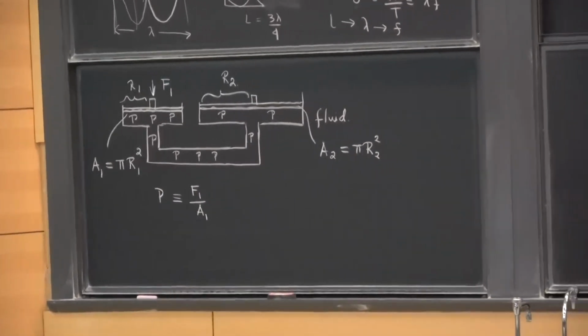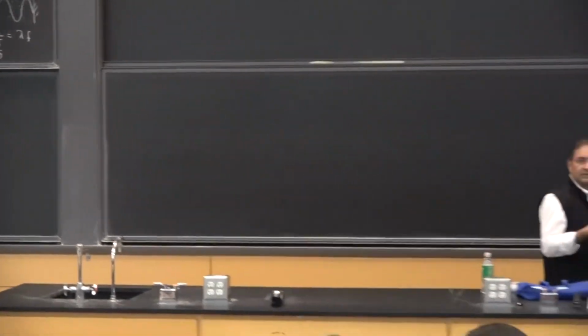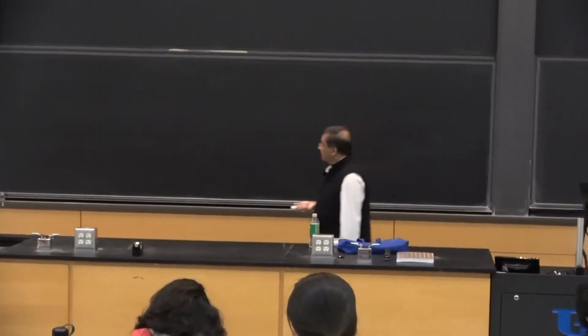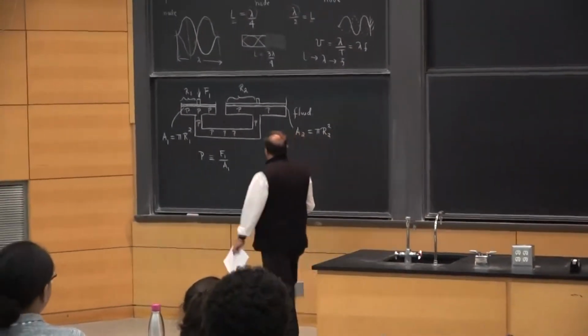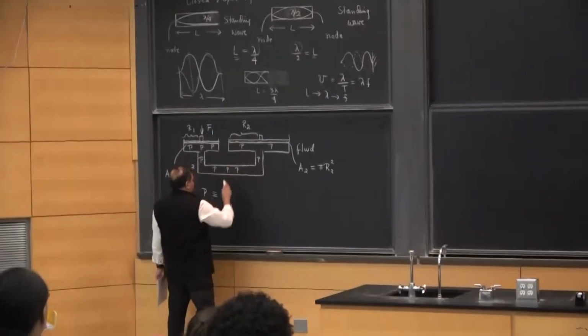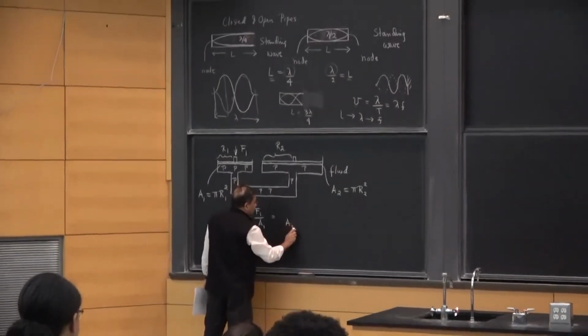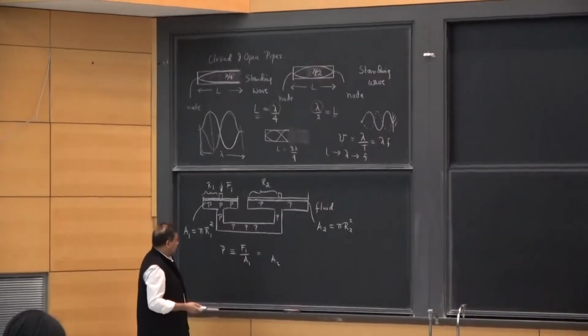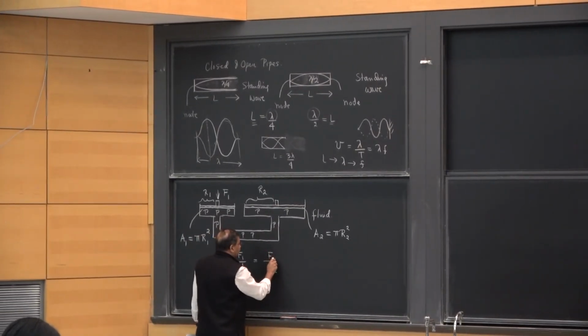And what the fluid does is, a static fluid would instantaneously transmit this pressure everywhere. So therefore, every point in the fluid now knows what the pressure must be, and therefore the same pressure must show up at the other side, which means since you know A2, you fix A2, you design the system, that also then fixes what F2 must be.